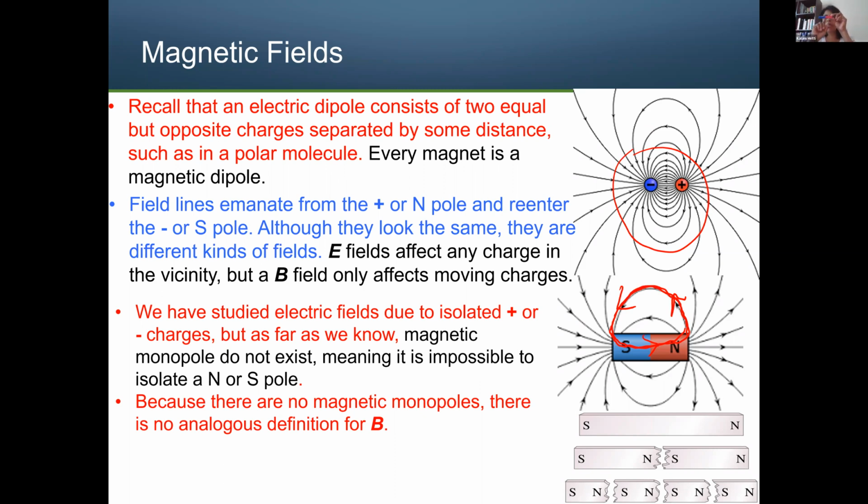When you break it into small pieces, each piece will always have a north and a south. They cannot separate. That's why it's called no magnetic monopoles. They always stay as a dipole.